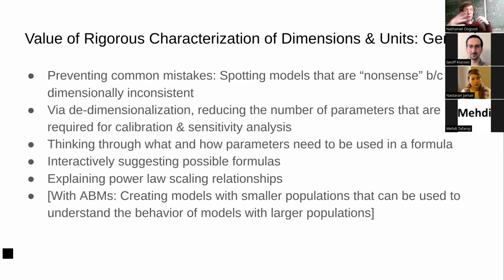It can help us think through what form a formula could take. It can help us reason through scaling behavior of systems. It's how engineers build scale models of bridges or scale models of planes or of buildings.